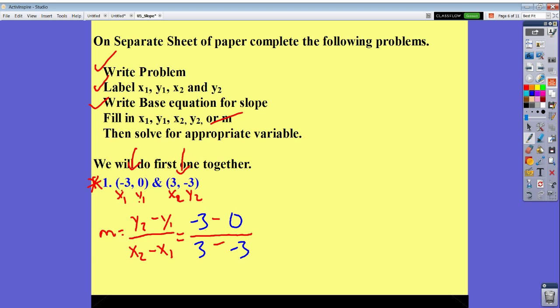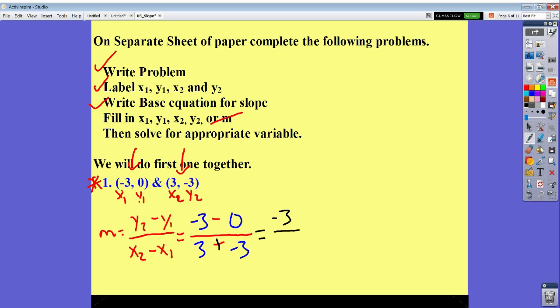So in red, I wrote the 2 minuses in the fraction bar because for some reason, some students forget that there is a minus in between. So please don't forget that. So in the numerator, we have -3 minus 0, which is -3. In the denominator, we have 3 minus -3.